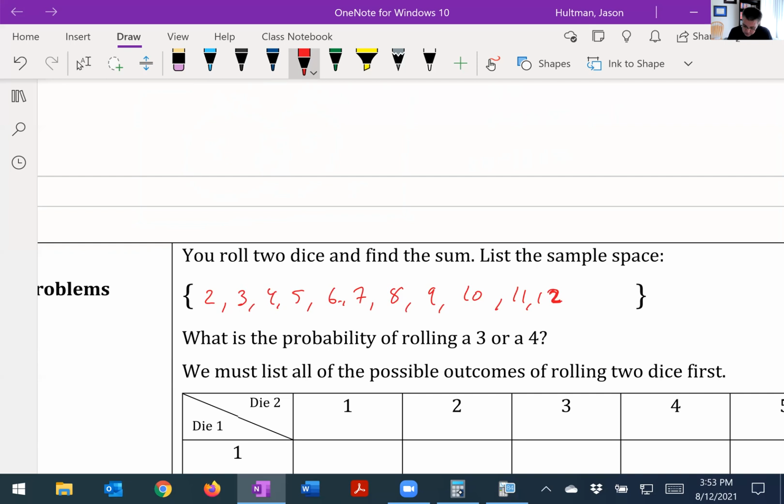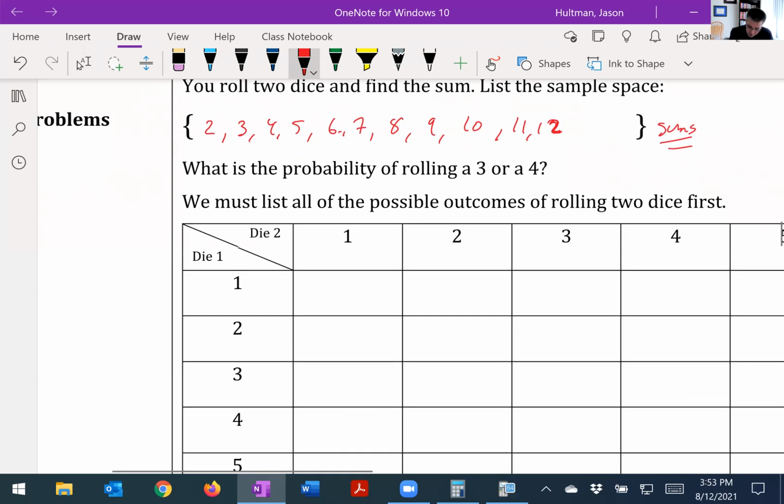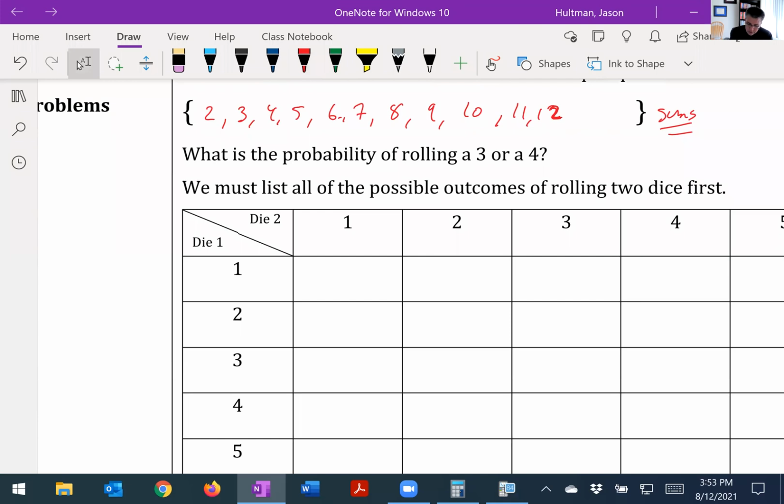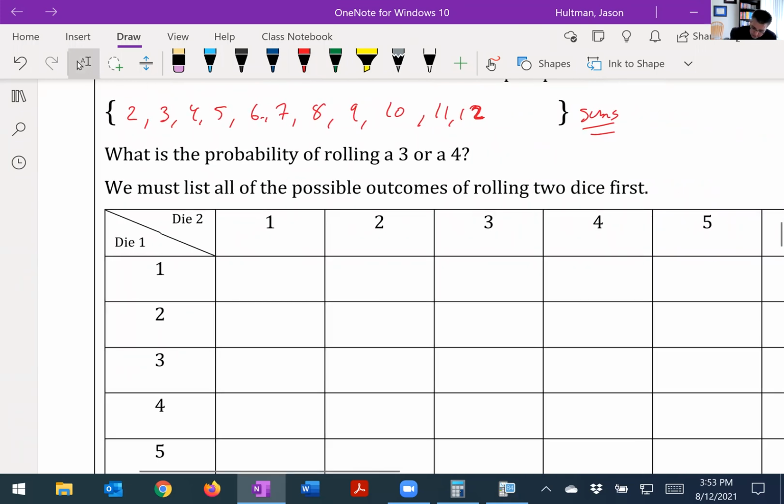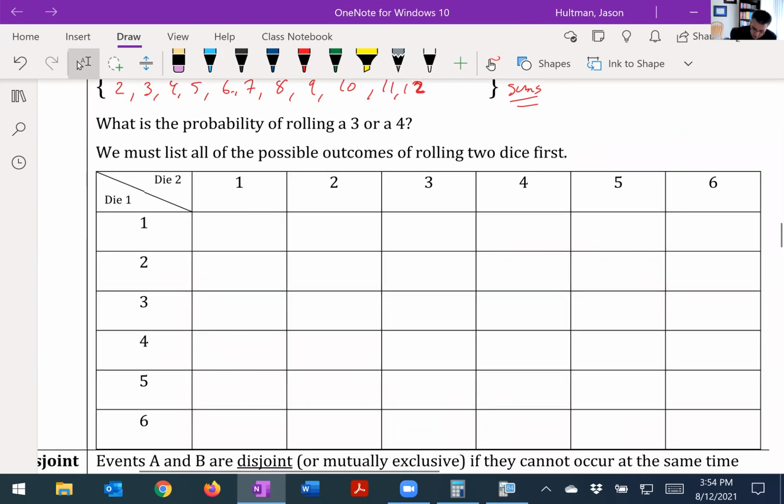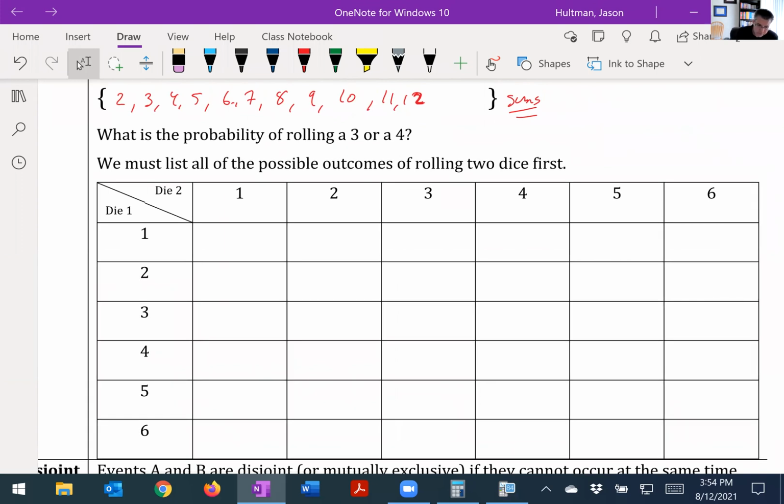We don't know which combination of dice create all of those sums. So let's look at all the outcomes. We have a 6x6 grid here for all the outcomes. If I add 1 plus 1, I get 2.